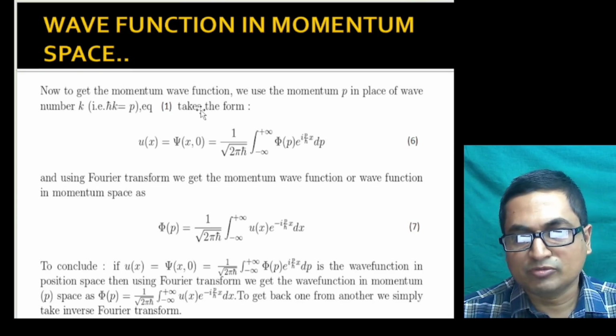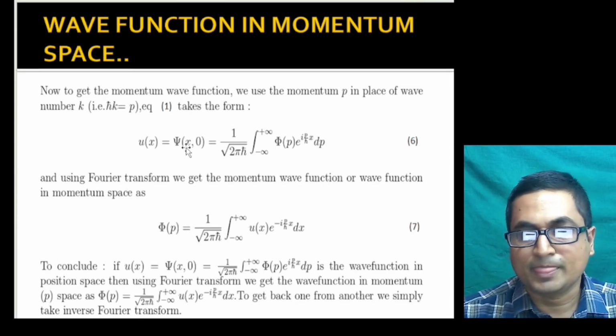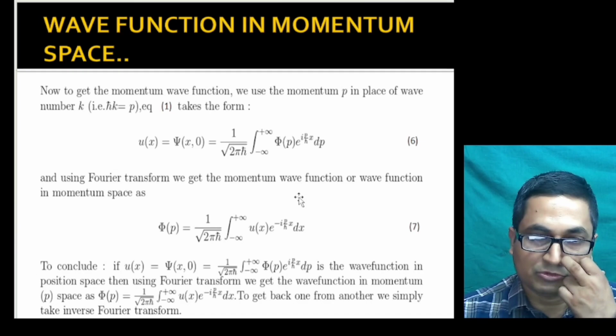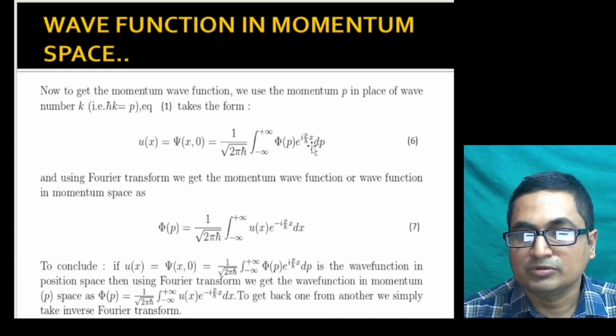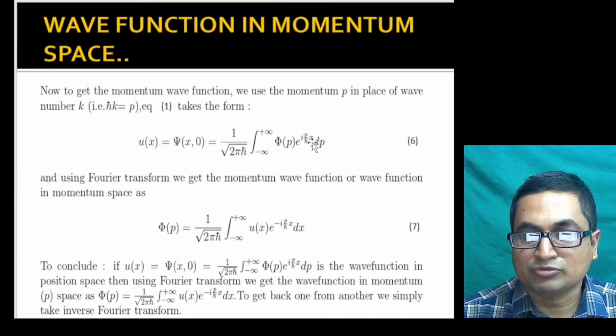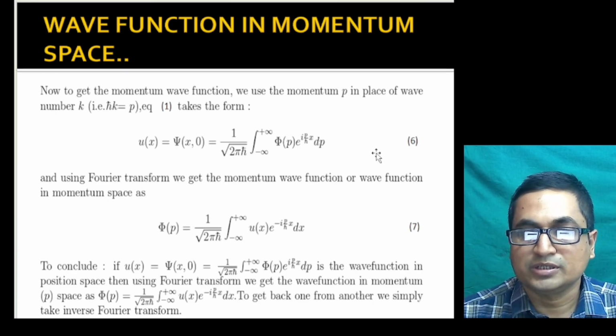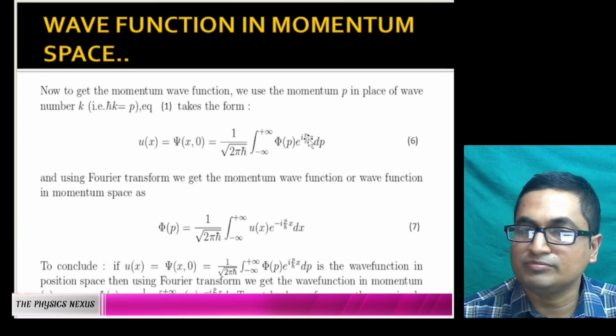Now to get back the momentum wave function in the opposite way, we again put like this. Since p is equal to h cross k, we can put equation 1 in this form. We simply had kx there, so instead of k we put p by h cross here, and this is equation 1 in terms of p.